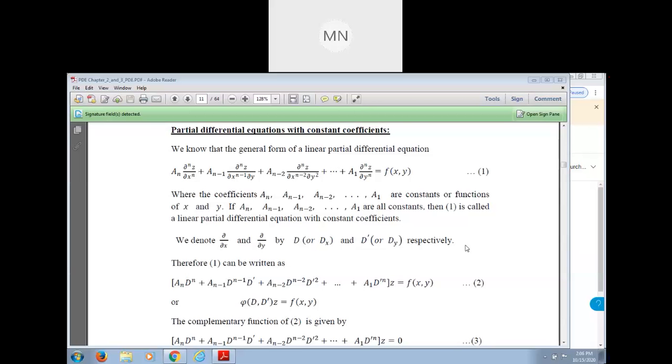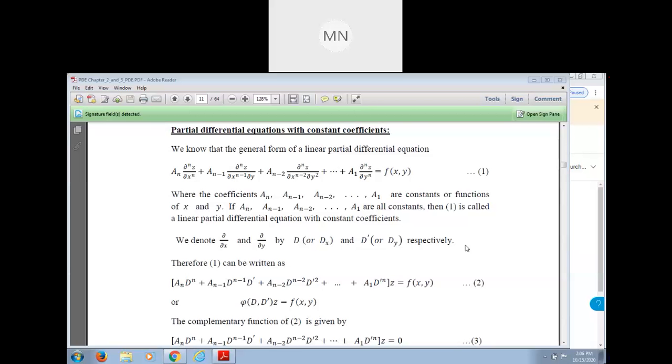Your first aim is to see what type of equation you are given. After that, you have to apply a method to solve the equation. Otherwise, you cannot solve it, because methods are different for the first order and second order cases.